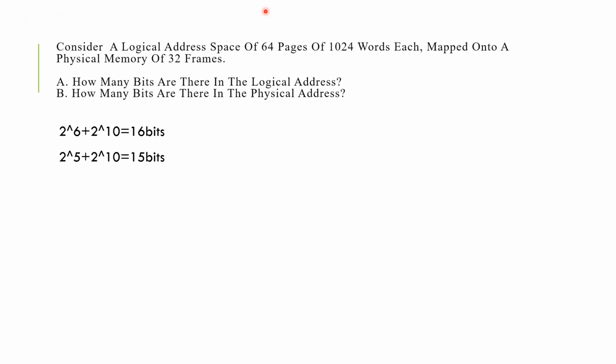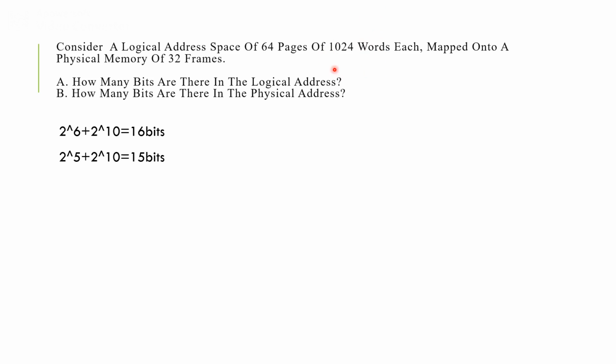Next, let's consider a logical address space of 64 pages of 1024 words each. The logical address space consists of 64 pages, which is 2 raised to 6, so 6 bits are used to represent the page.